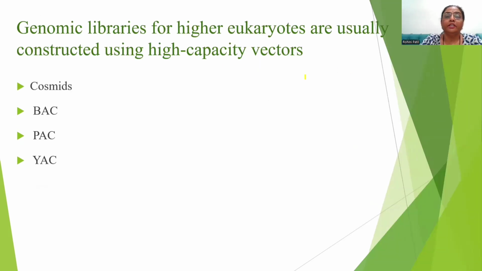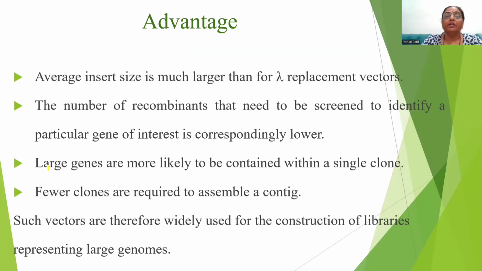Next, for the construction of genomic libraries, high capacity vectors are used, like the cosmids, BAC, and YAC vectors. Now, what are the advantages of these large capacity vectors? The average insert size is larger than the lambda replacement vectors.